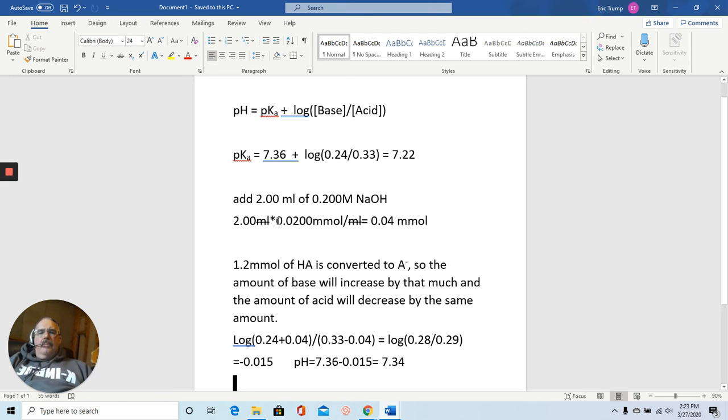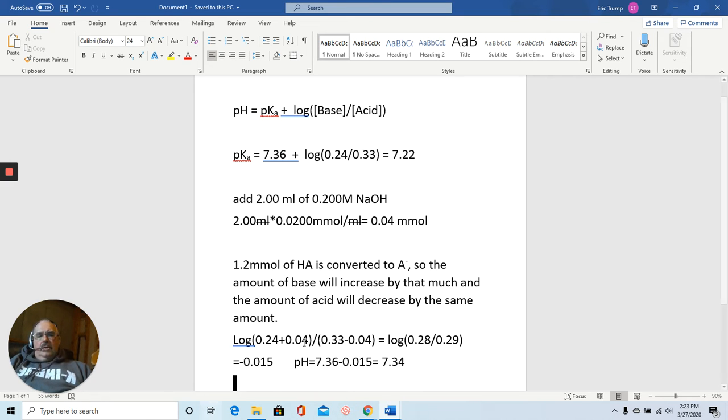Okay, let's add 2 milliliters of 0.2 molar NaOH. If I pick concentration times volume, I get 0.04 millimoles. This strong base is going to convert the weak acid to its conjugate base, A-, so that the amount of base will increase by that much, and the amount of acid will decrease by the same amount.